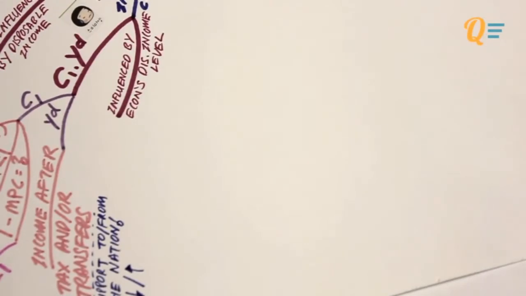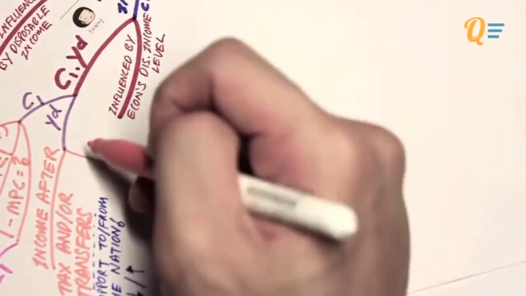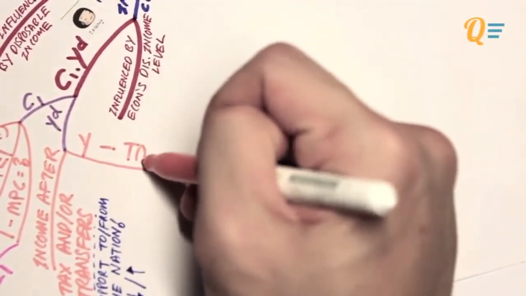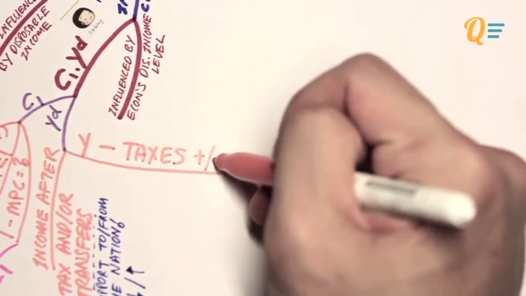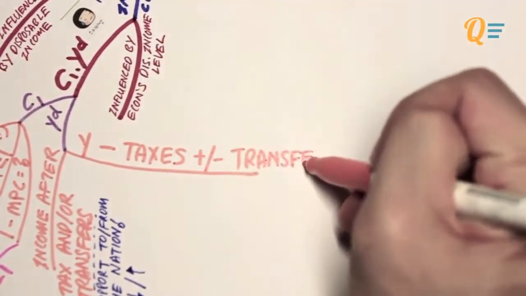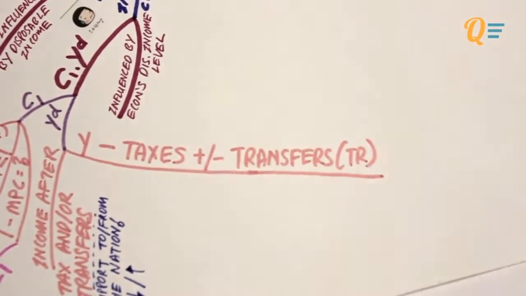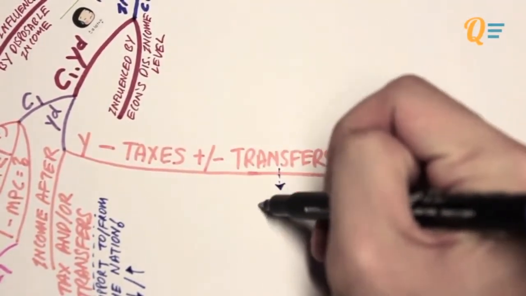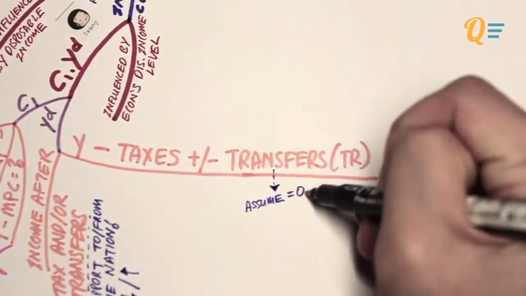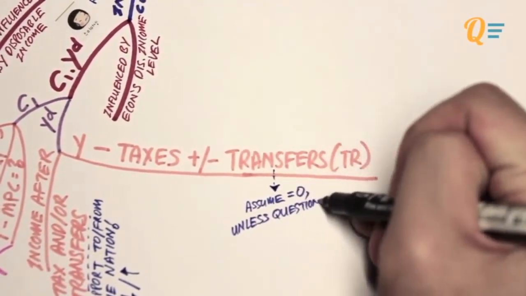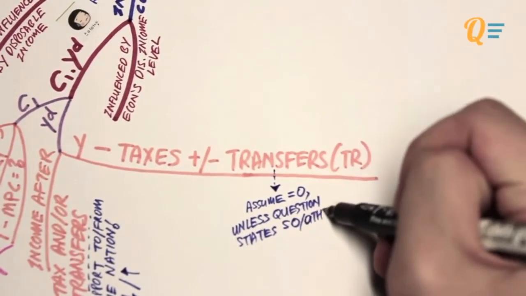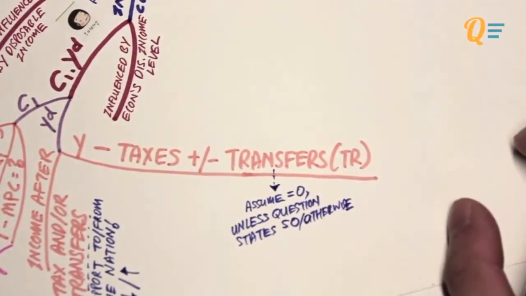So if I were to translate English into math, disposable income equals Y minus your taxes plus or minus your transfers, which most of the time we would denote with TR, but it could be other things. For the sake of simplicity and for your exams, let's just assume that transfers is equal to 0 unless the question in the exam paper states so.